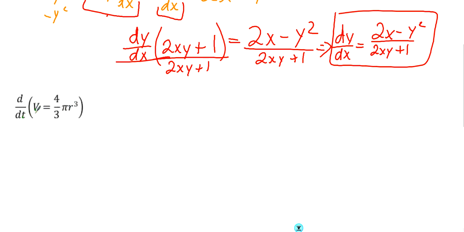When I do that, I get dV over dt, because the variables don't match, equals 4/3 pi times the derivative of r cubed, which is 3r squared, times dr over dt.